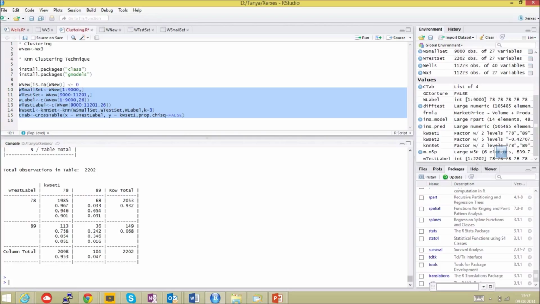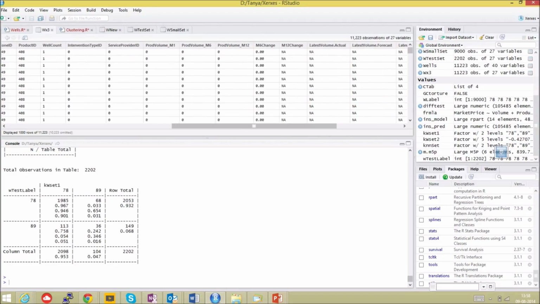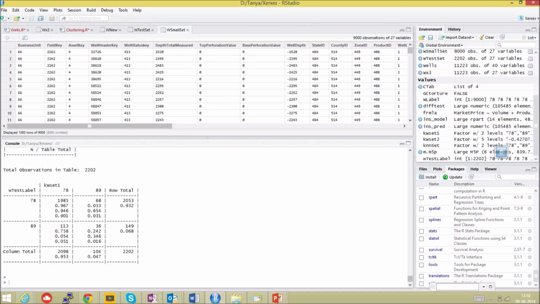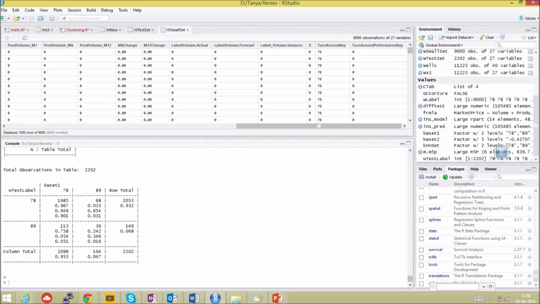So 78 and 89 are values which are replaced for yes and no. Looking at the data set which I've got, and continuing with part two, I've replaced this yes and no with 78 and 89. So 78 refers to a no, and 89 refers to a yes.